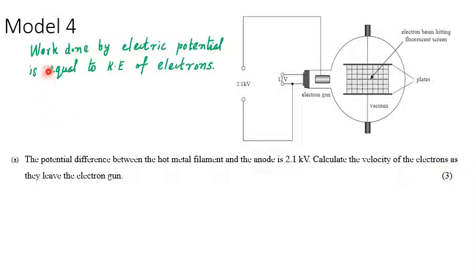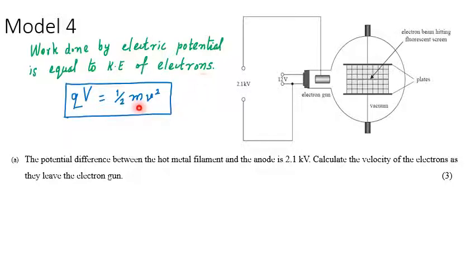Work done by electric potential is equal to the kinetic energy of the electrons leaving the electron gun. That is, QV is equal to half mv squared. This QV stands for work done. Work done is equal to kinetic energy.